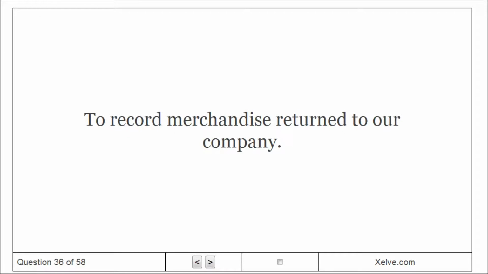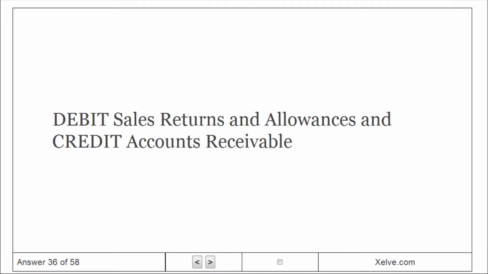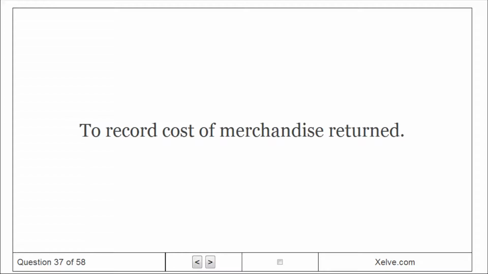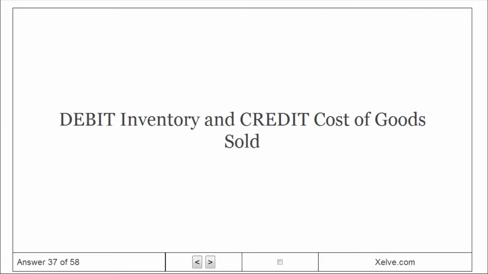To record merchandise returned to our company: debit sales returns and allowances and credit accounts receivable. To record cost of merchandise returned: debit inventory and credit cost of goods sold.